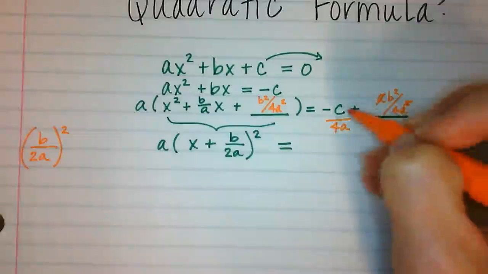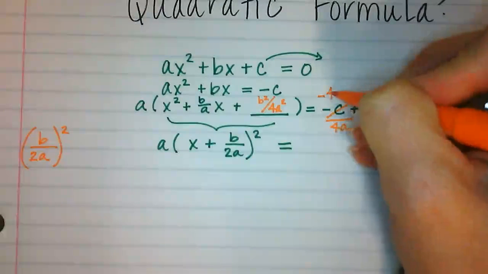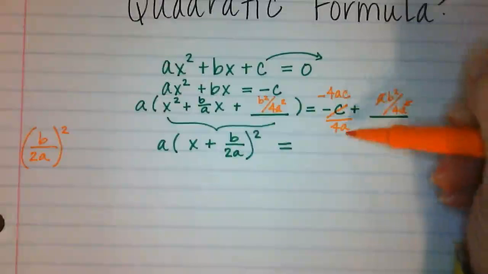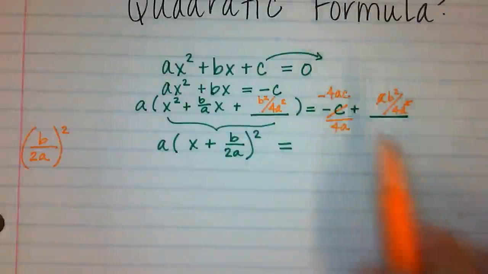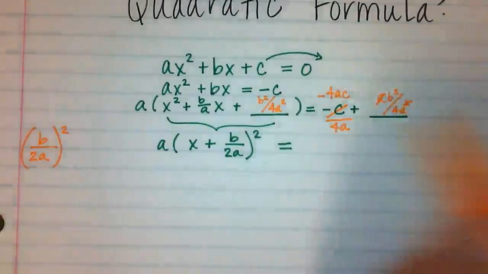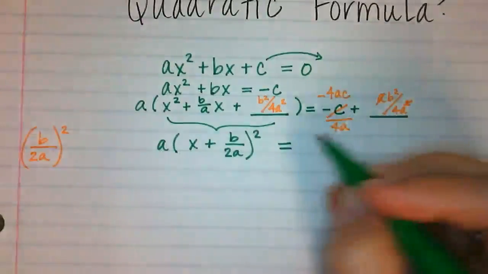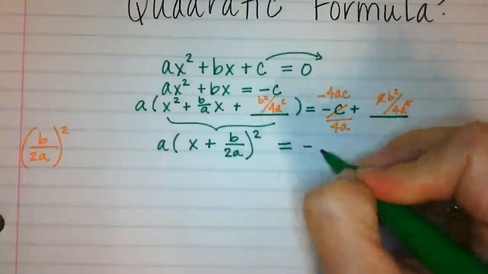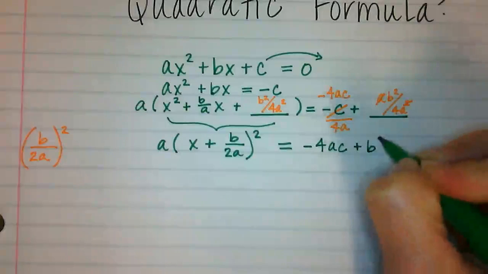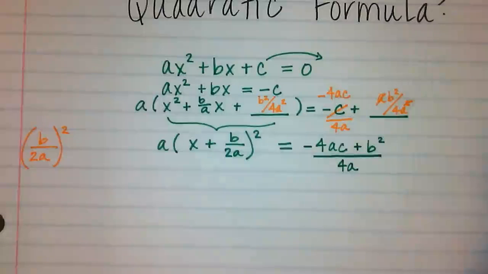So in order for this to be over 4a, this needs to be negative 4ac, because negative 4ac over 4a would cancel and leave a negative c. So now I have a common denominator. When I combine these two together, I'm going to get negative 4ac plus b squared, and that is going to be over 4a.